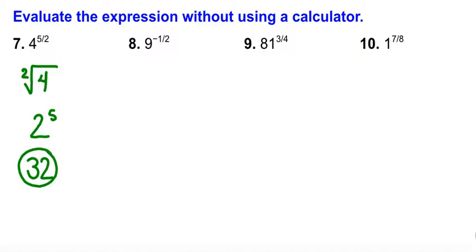There's another one. Don't worry about the negative. Okay, 9 to the negative 1/2. So we're going to find the square root of 9, which is 3. We're going to now take it to the negative 1. Well, negative just means I flip it over. And 3 to the first is 3, so it's 1 over 3.